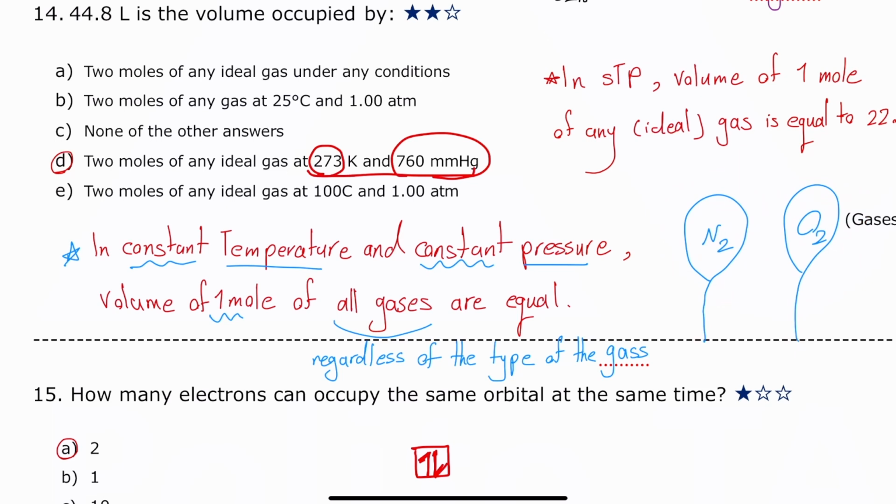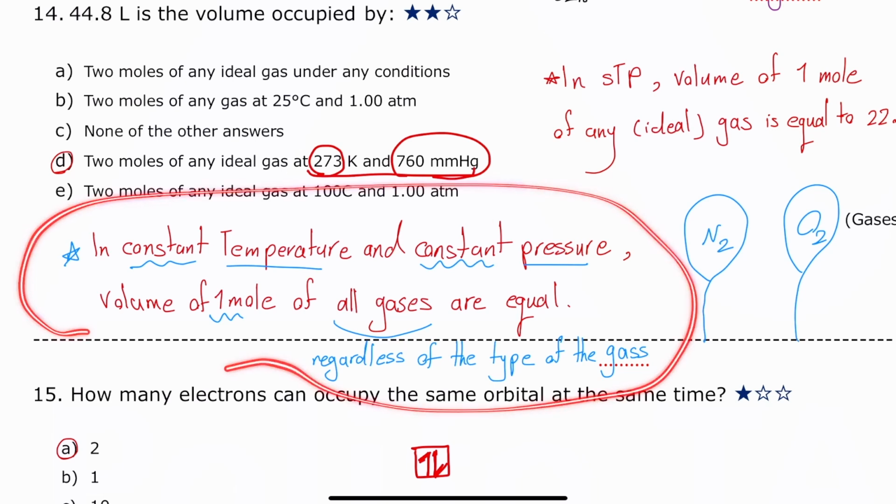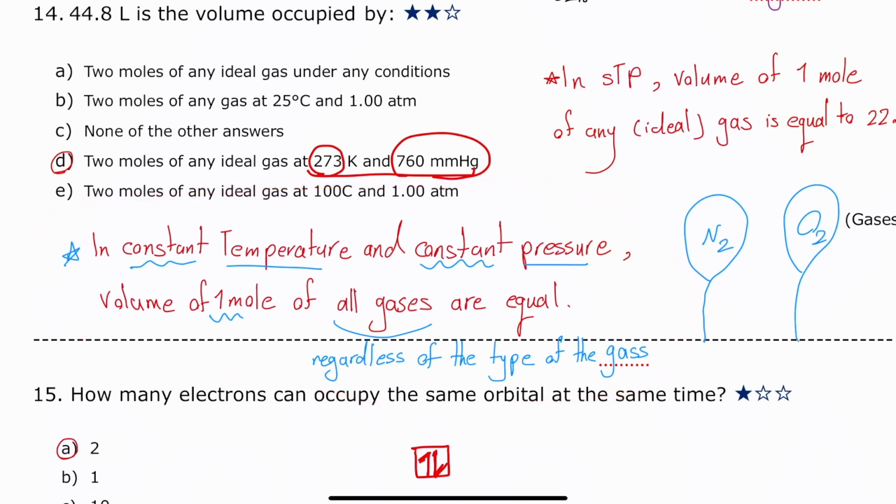It could be tricky, but this is a very special case, mostly for ideal gases. If you keep the temperature constant, and this constant is really important, at constant temperature and constant pressure, the volume of 1 mole of all ideal gases, if I want to be more precise, regardless of the type of the gas, is equal.